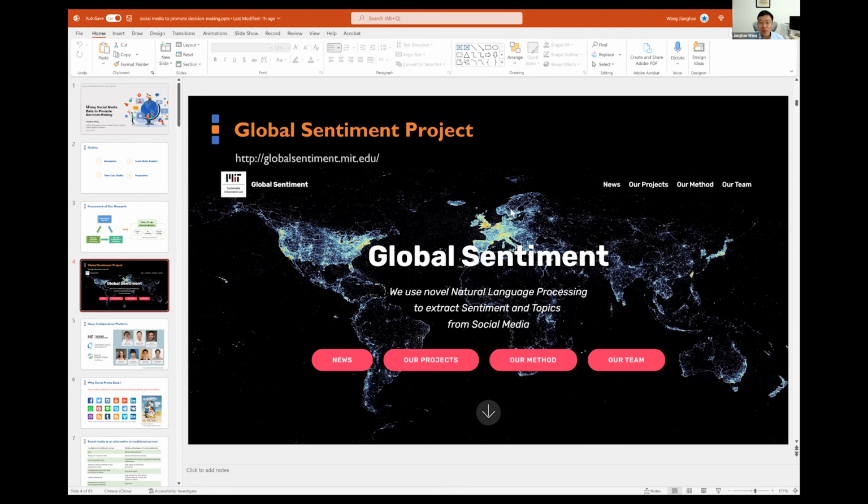There are many open source tools for you to collect social media content, especially for Twitter, but they only have very limited datasets. You can also reach out to me or to our platform to acquire geotagged social media content for your research.